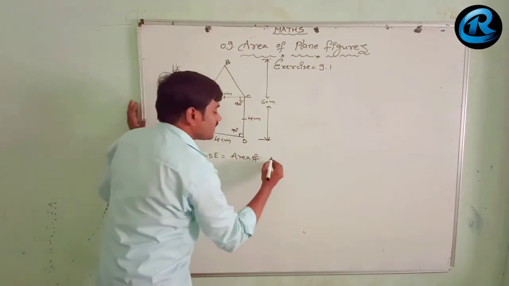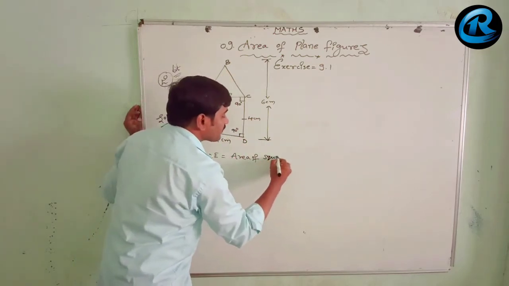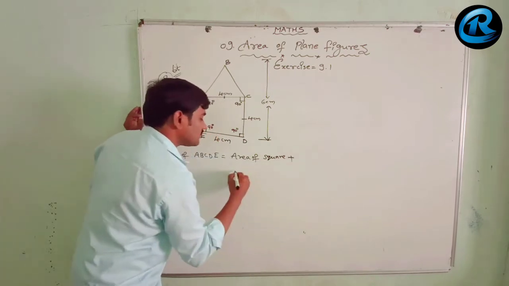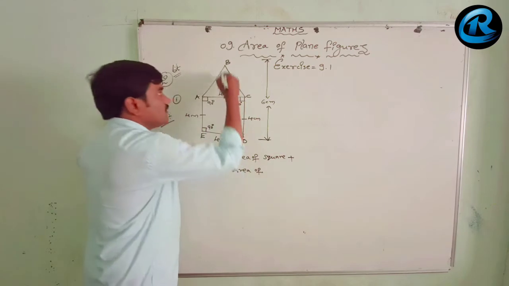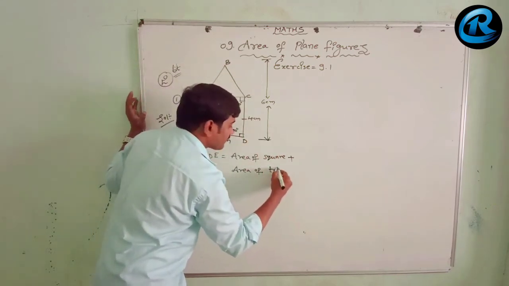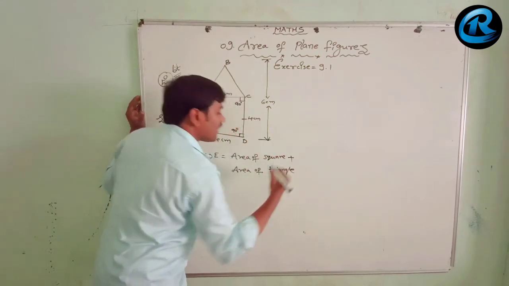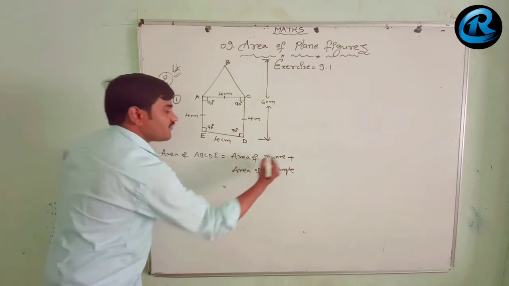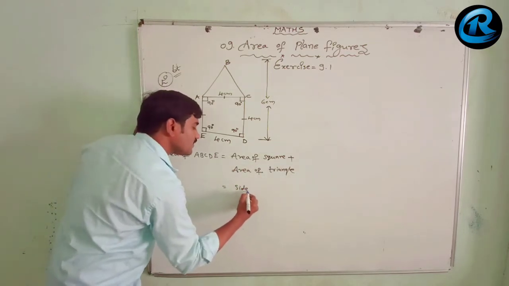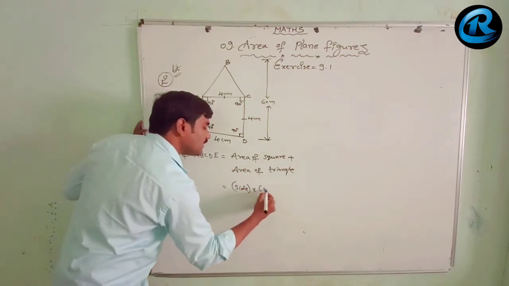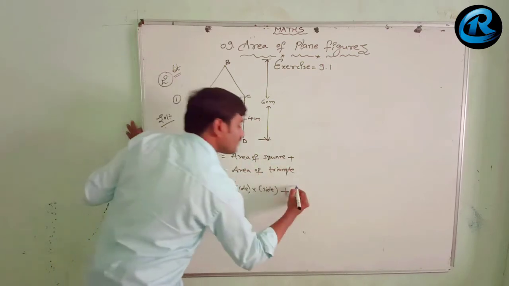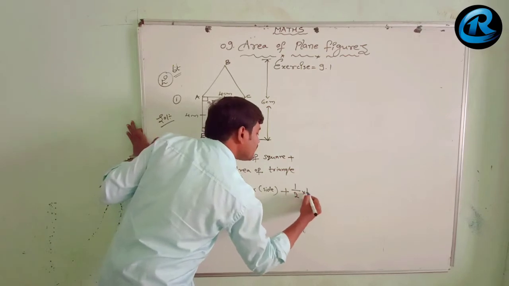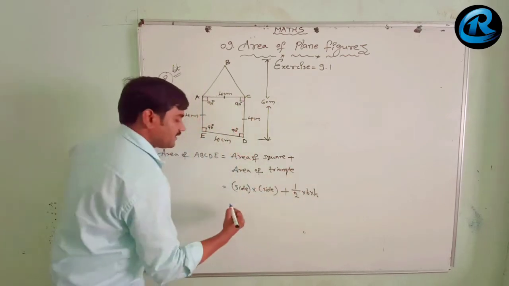So area of ABCDE is equal to area of square plus area of triangle. Area of square is side into side, plus area of triangle is 1 by 2 into base into height.